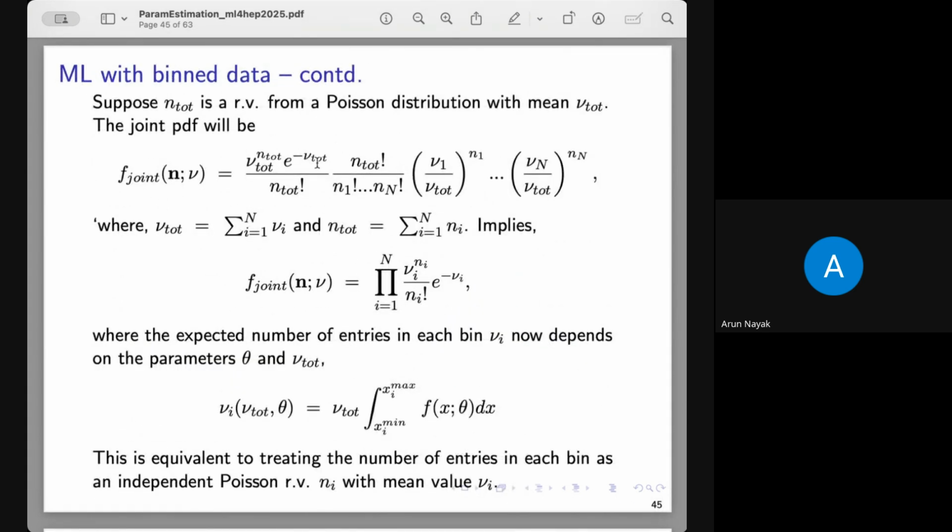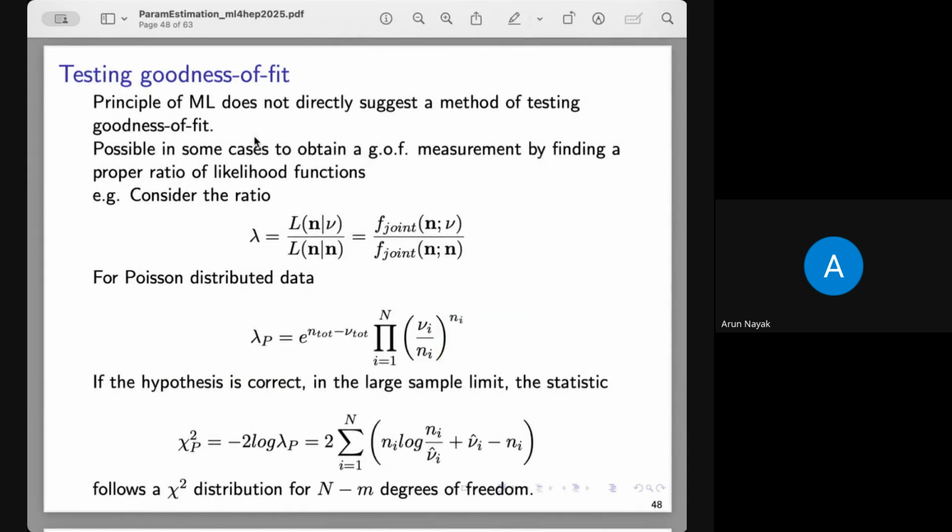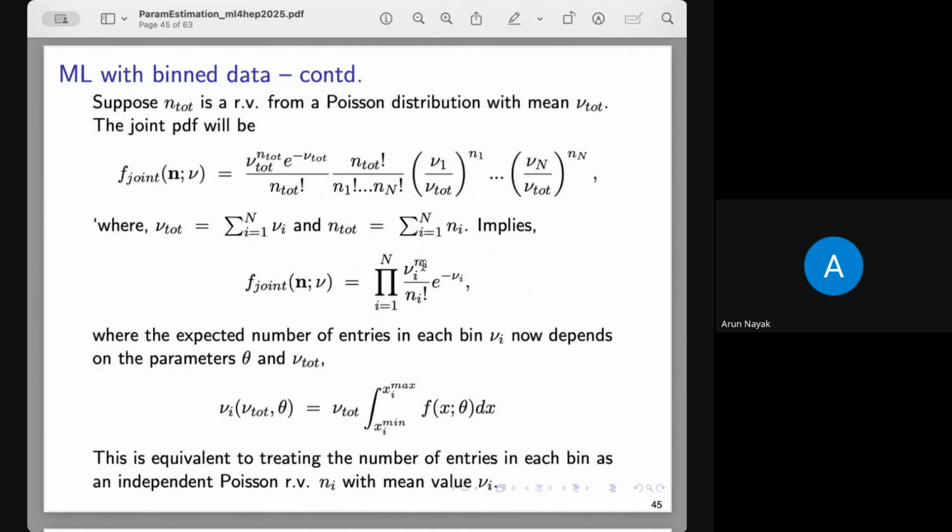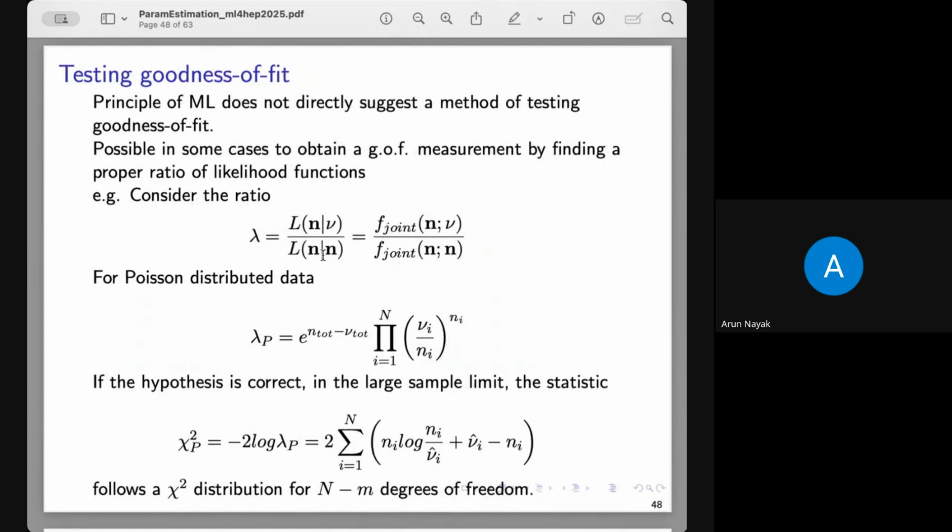Say, for example, when we did this binned data, assuming the total number of events is also Poisson distributed, we have a product of Poisson probabilities. In that case, the likelihood that we defined here is L of n given nu, which was this one, the numerator only. But we can have another likelihood, L of n given n, and take a ratio of these two.